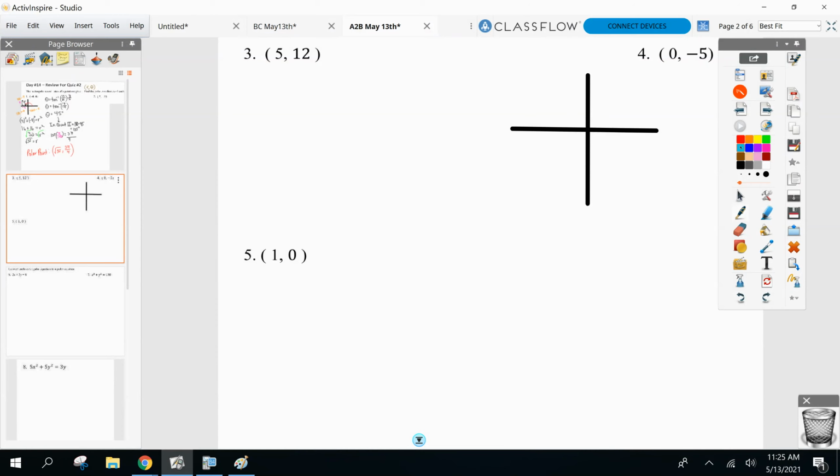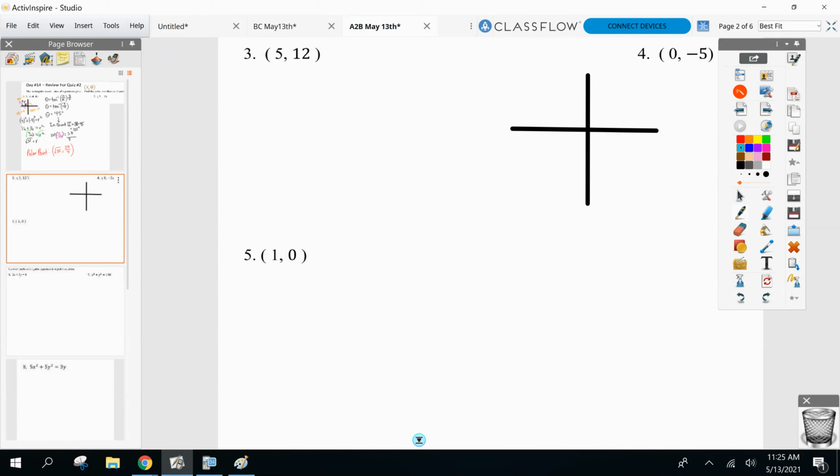All right, hopefully you're putting 0, -5 right down here, somewhere on this y-axis. Guys, you shouldn't have to do a darn thing here. All right, let's talk polar point. There's no reason to do Pythag. And some of you guys made this mistake on your assignment.